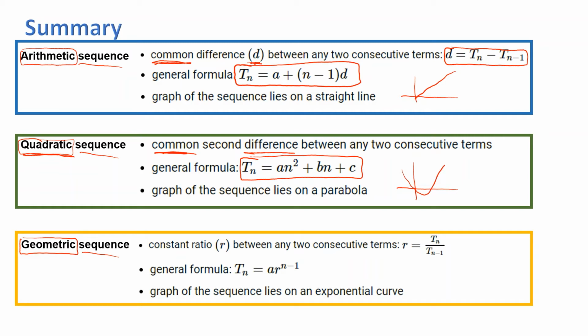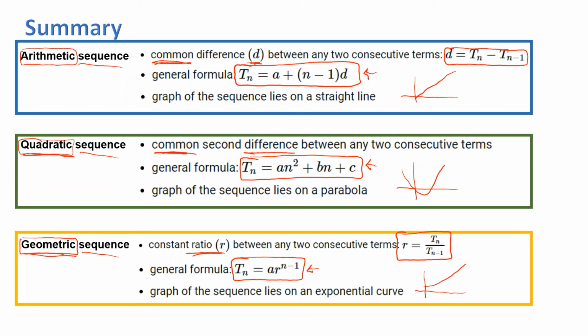A geometric sequence depends on the ratio between consecutive terms, and this is its general formula. The elements in this sequence lie on an exponential curve.